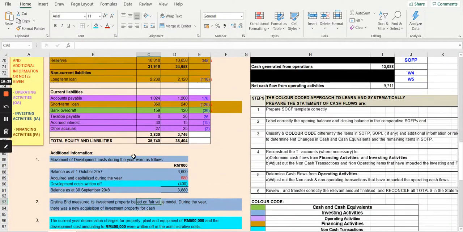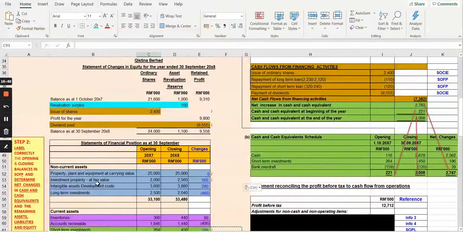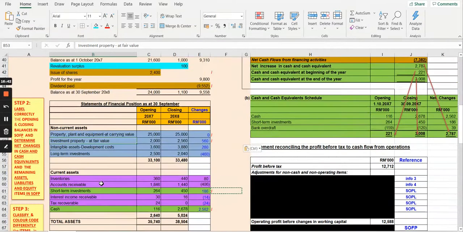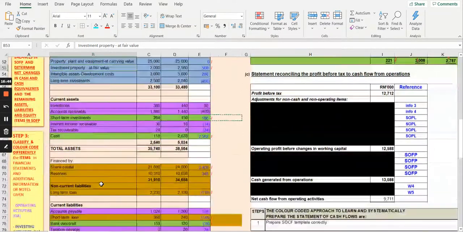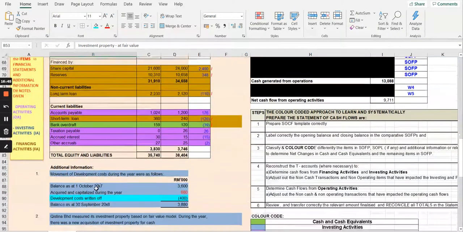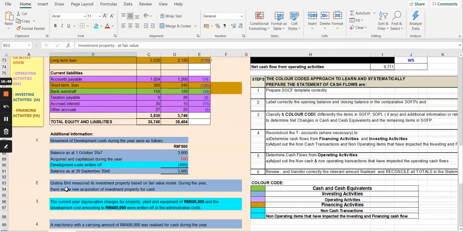That is why I put the words at fair value here. Meaning if you follow fair value, there is no impairment and also no depreciation for the investment property. You are informed that on top of that, there was a new acquisition of investment property.